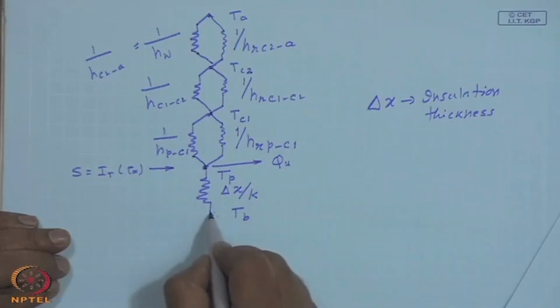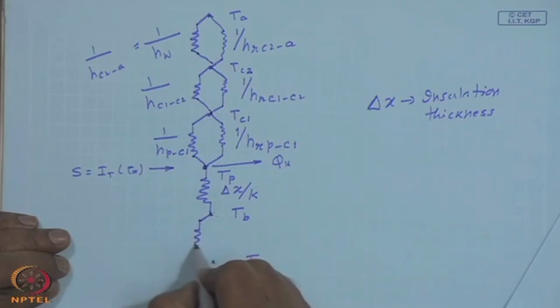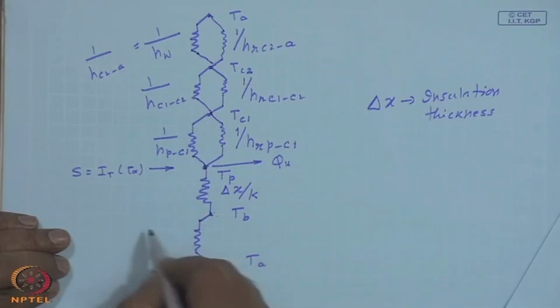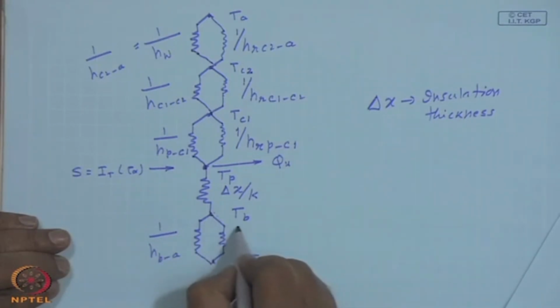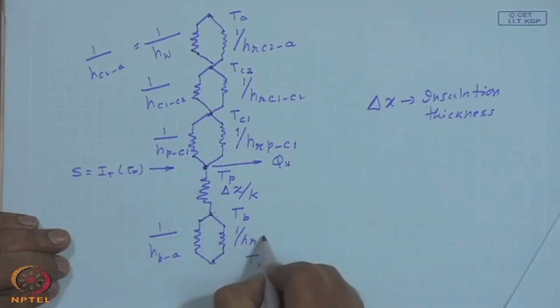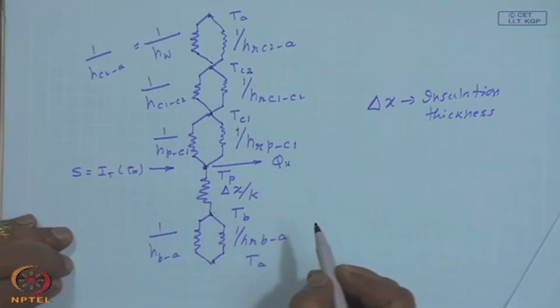And then we have a convective loss 1 by H back to ambient and a radiative loss 1 by H r back to ambient.